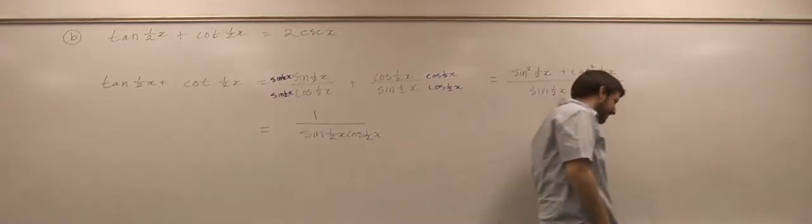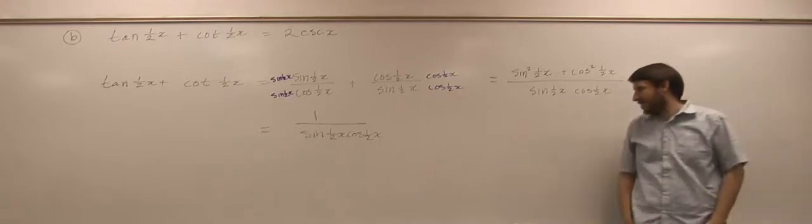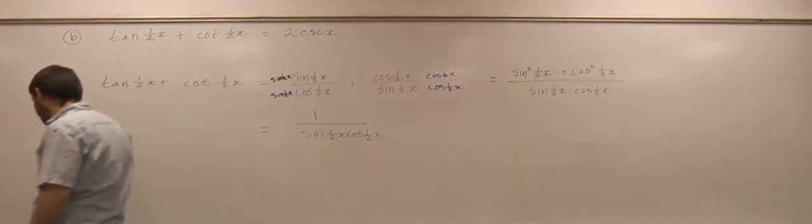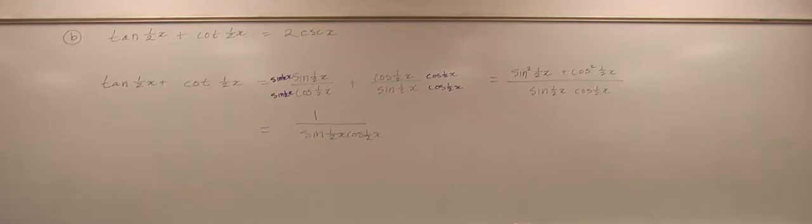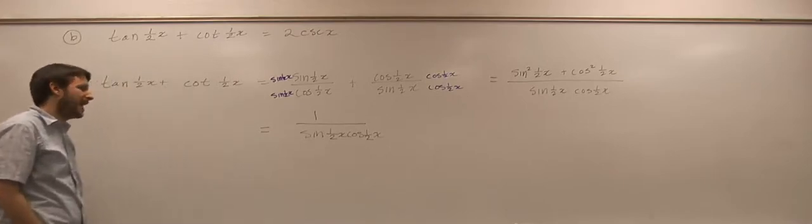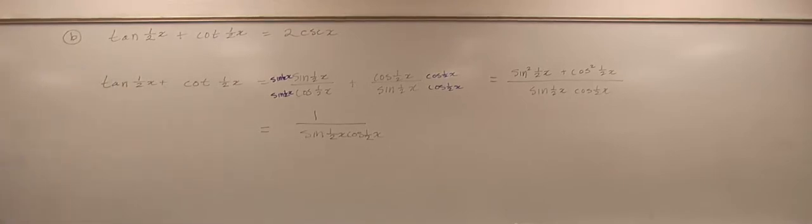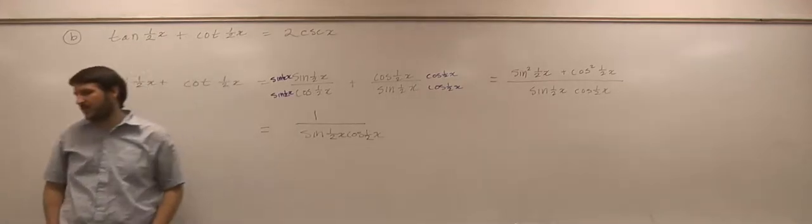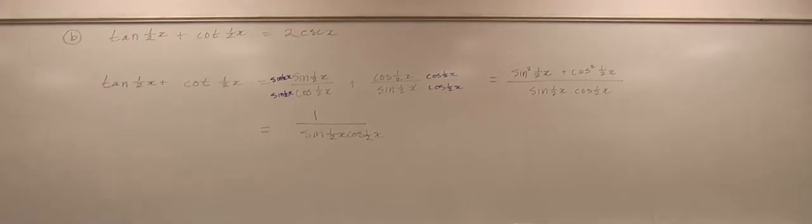Now here's where it gets a little hairy, I guess. You can probably use the half angle formulas here. I wouldn't, just because they're going to give you square roots and fractions and it's going to make your life a little bit annoying. You can, but you can also use the double angle formula here.